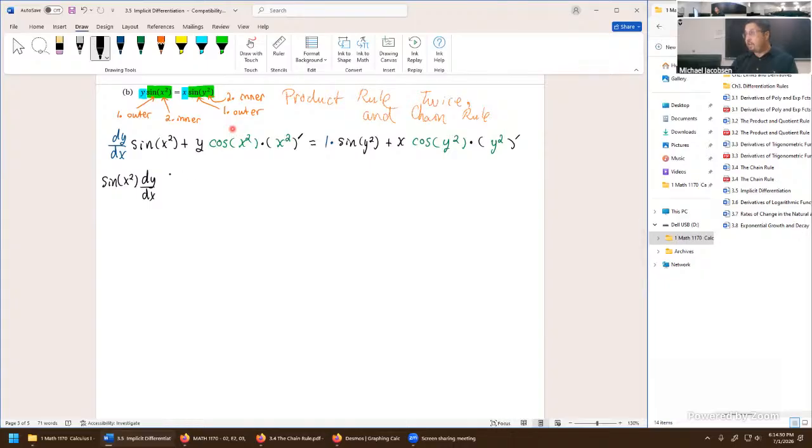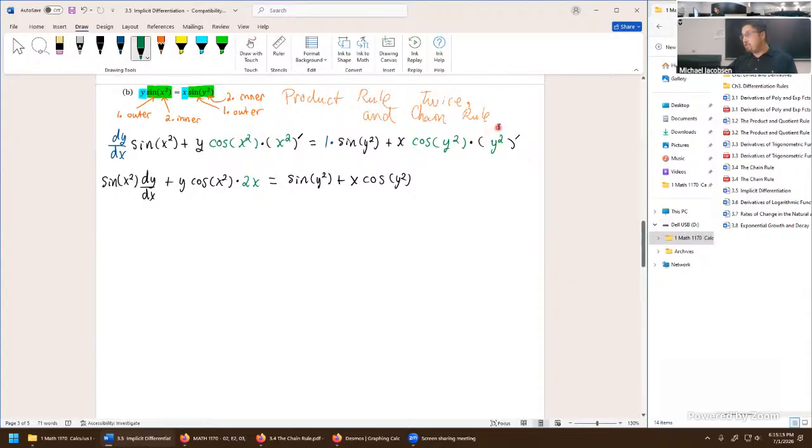Then finally we get plus y, cosine of x squared, times derivative of x squared is just a 2x. Now, way over here, we have sine y squared plus x cosine y squared.